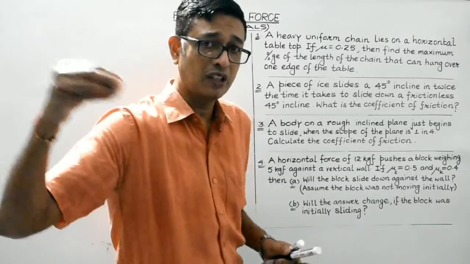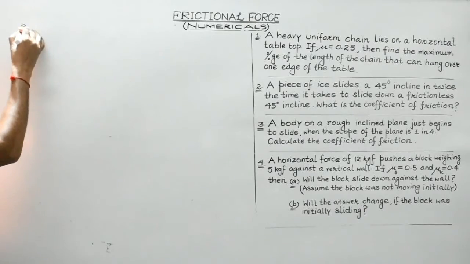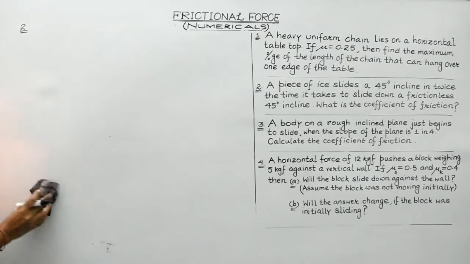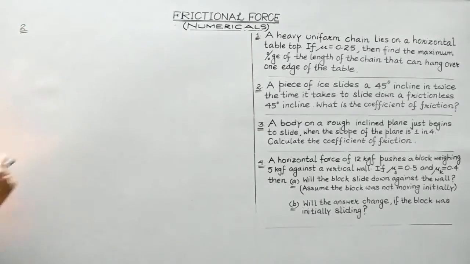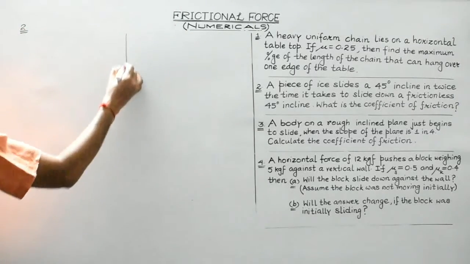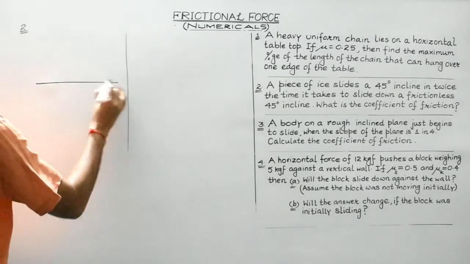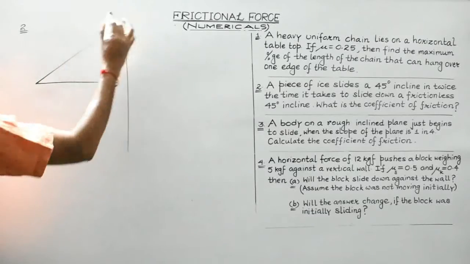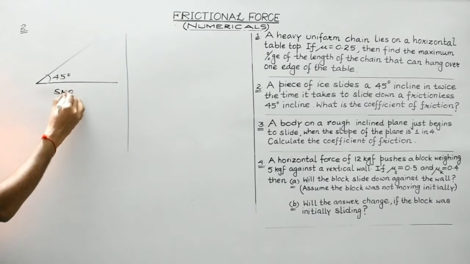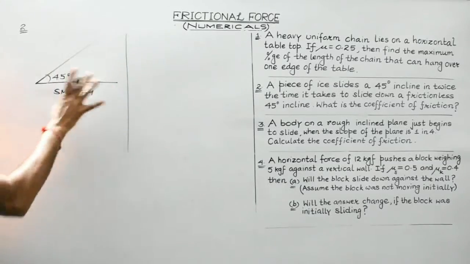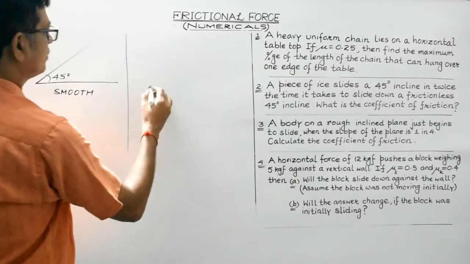It's the case of the body sliding down. It's a pretty important question, so let's try to do it. Here we will consider two cases. This is an inclined plane which is smooth, so the coefficient of friction is 0 and force of friction is absent.